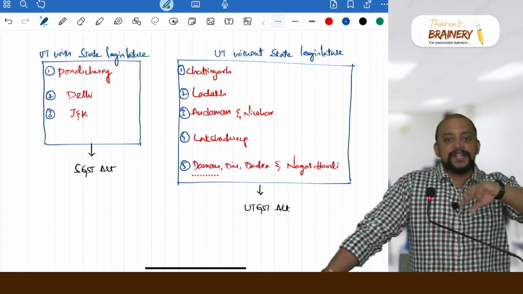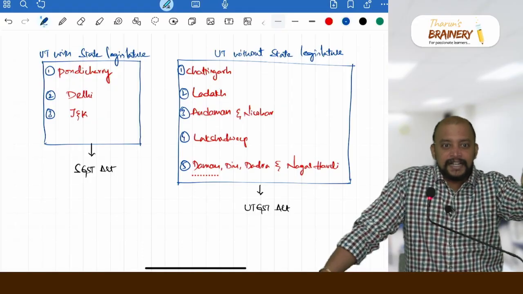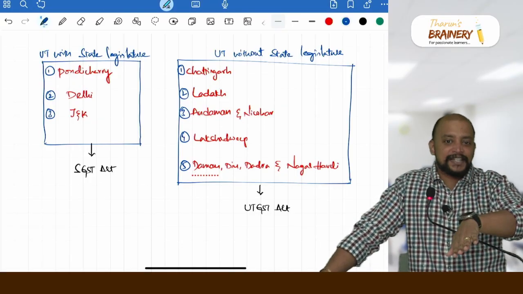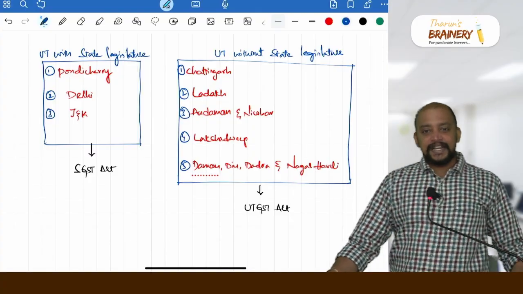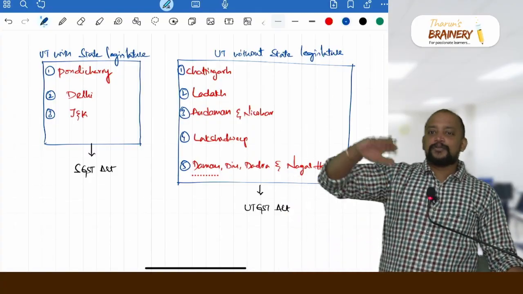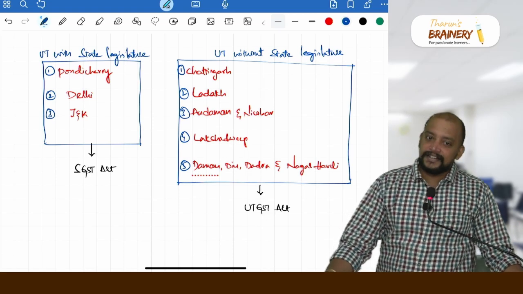In the elections, BJP lost and the other government formed, and they passed a resolution in the assembly to roll back Article 370. So again Jammu and Kashmir want to make it a state, not a union territory. Is it clear?